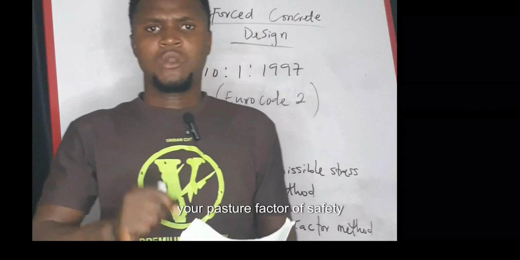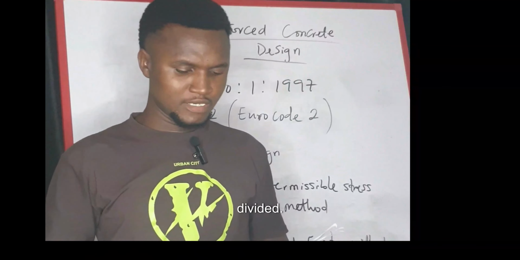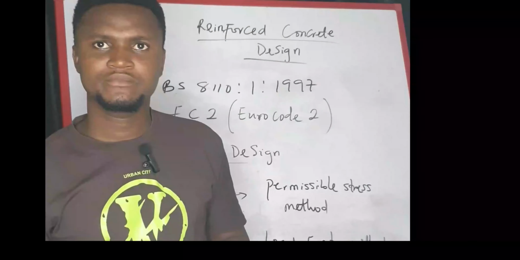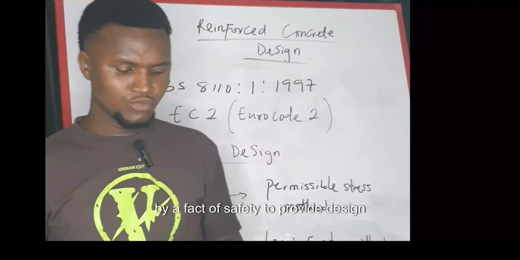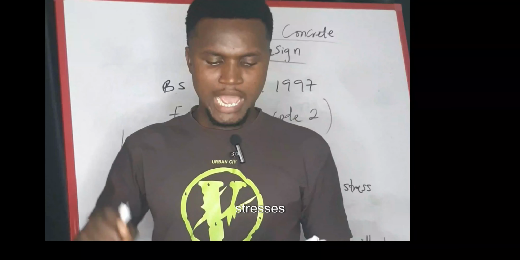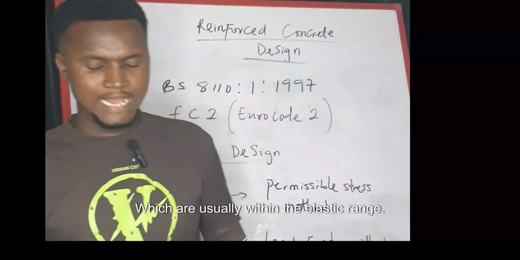Let's look at it here. So the permissible stress method is one in which ultimate strengths of the materials are divided by a factor of safety to provide design stresses, which are usually within the elastic range.